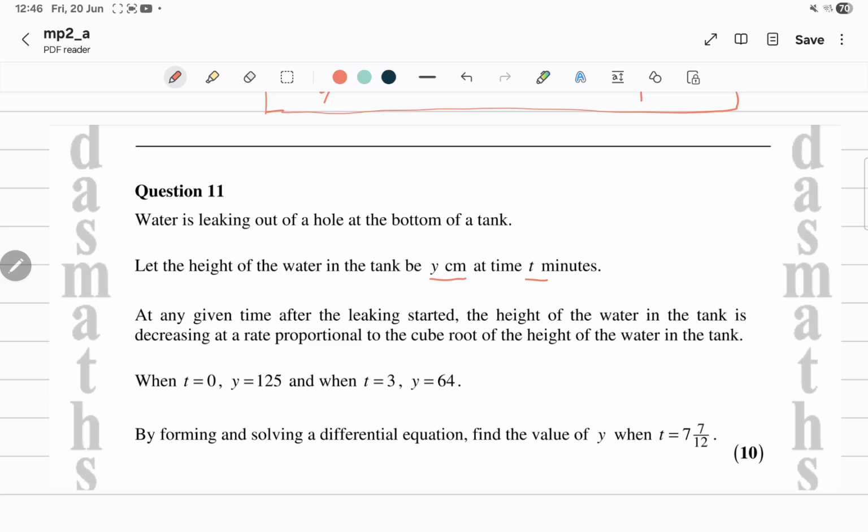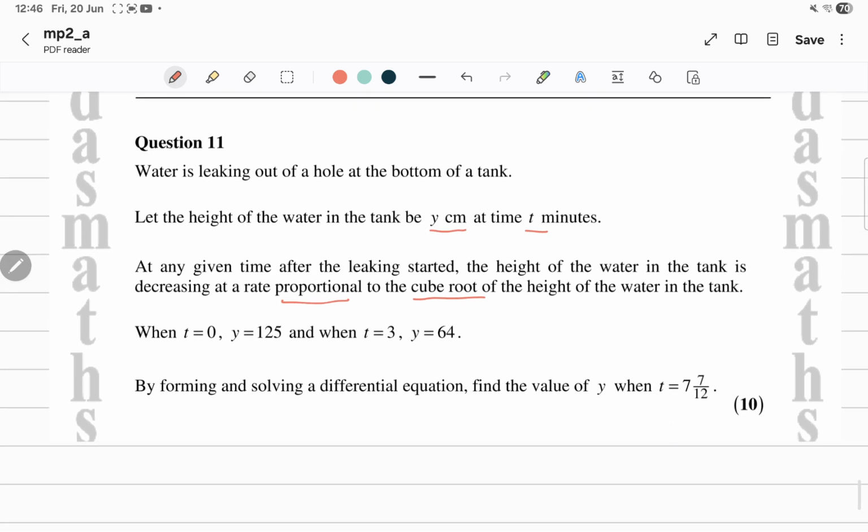At any given time after the leaking started, the height of the water in the tank is decreasing at a rate proportional to the cube root of the height of the water in the tank. When t equals 0, y equals 125, and when t equals 10, y is 64. These two conditions are given. By forming and solving a differential equation, we need to find the value of y when t is this.